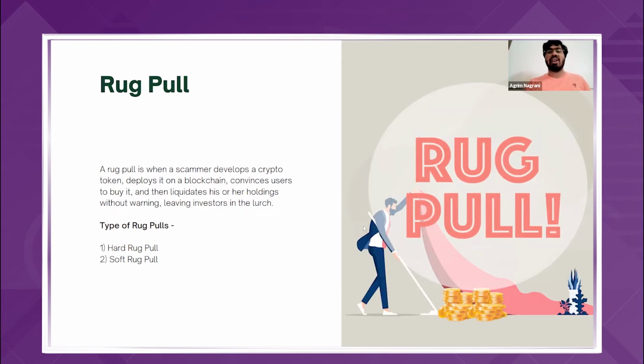After a certain period of time, when the liquidity reaches a certain level, the founder or scammer liquidates their holding and leaves the investors in the lurch, without even warning them that this kind of dump will be happening. There are two types of rug pull which generally happen in the space. One is the hard rug pull and one is the soft rug pull. We will be discussing it in detail.